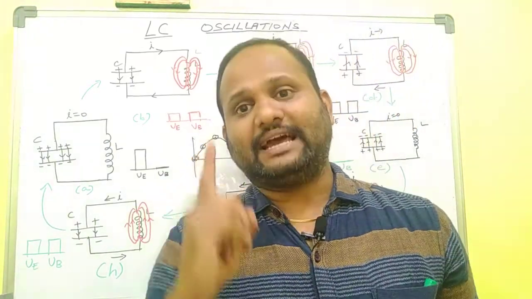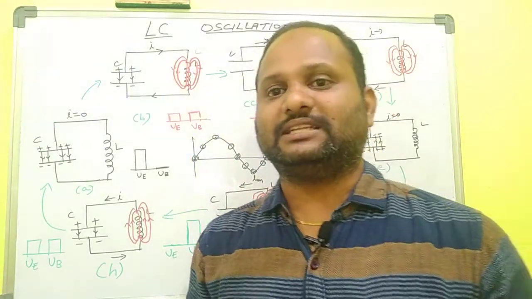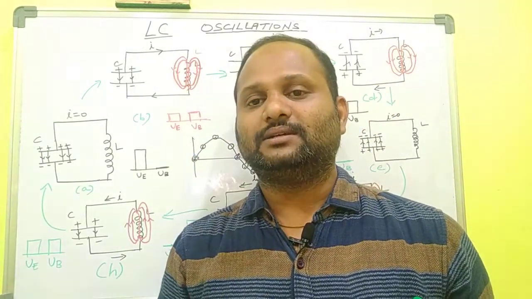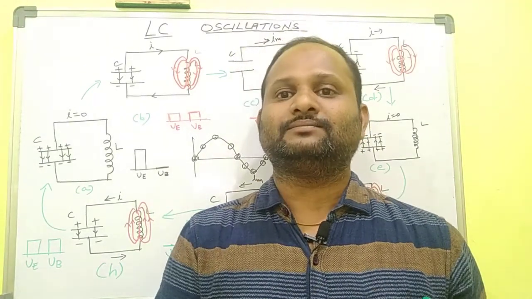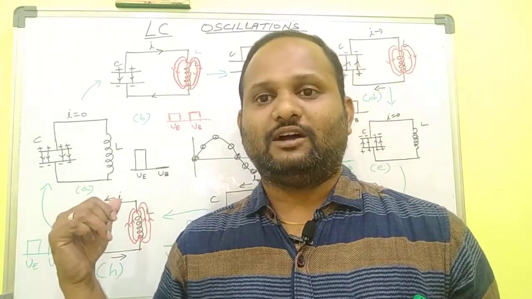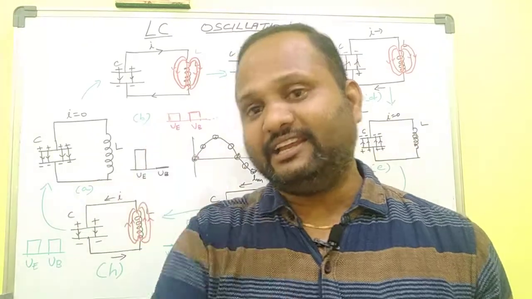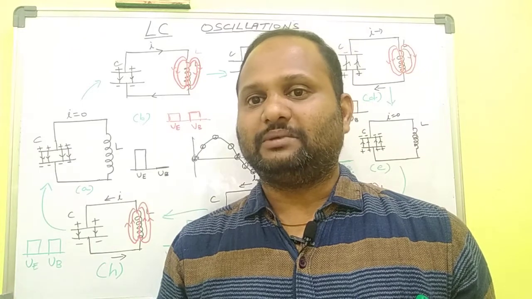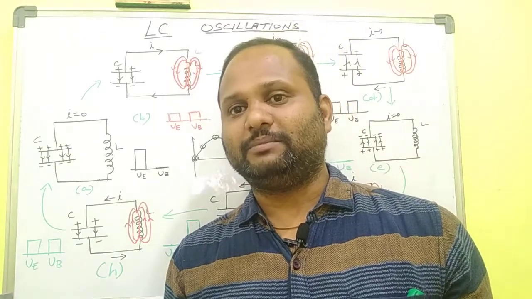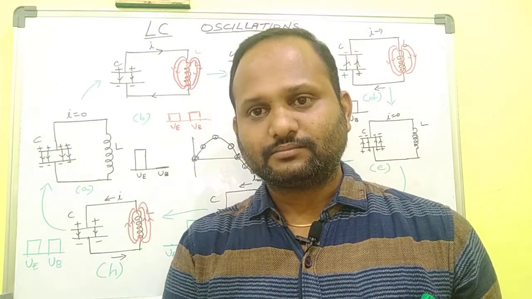But for an ideal inductor and ideal capacitor, that means in an ideal case, there is no loss of energy. It obeys the law of conservation of energy in the ideal case. Energy can't be destroyed, and energy can never be produced.